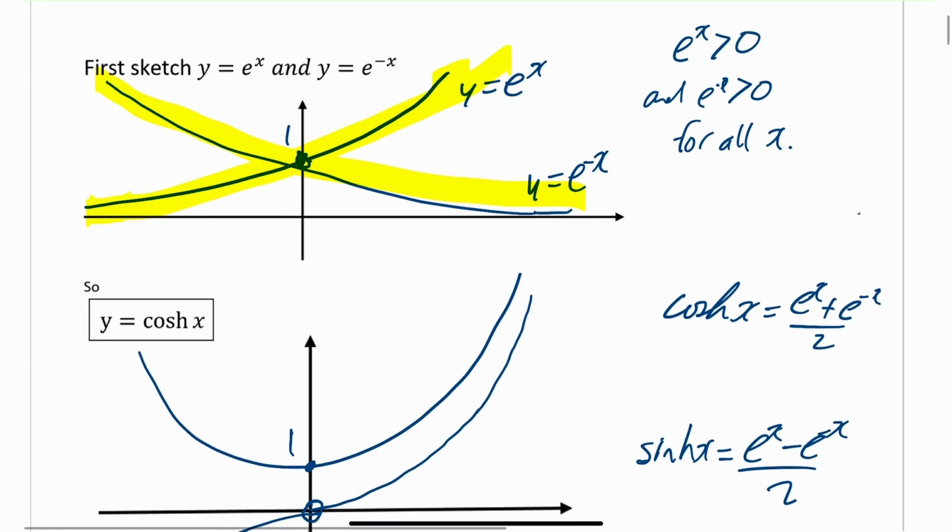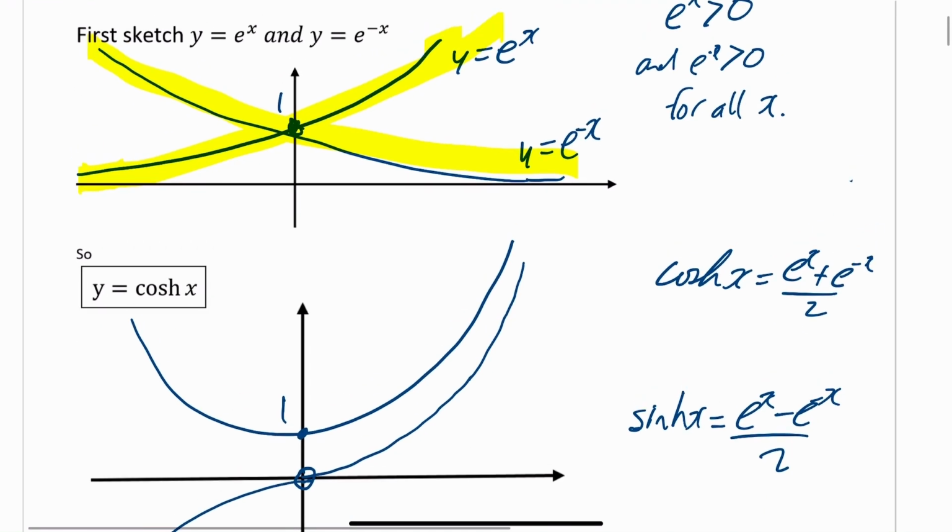Now both of these graphs go through 1. So if you just pick a few basic points, so pick this point here, add e to the x plus e to the x, that point, you're going to have 1 plus 1, which is 2, and divide by 2, that's why it's going to be going through 1. And also, we know it's an even function, so it's going to be symmetrical.